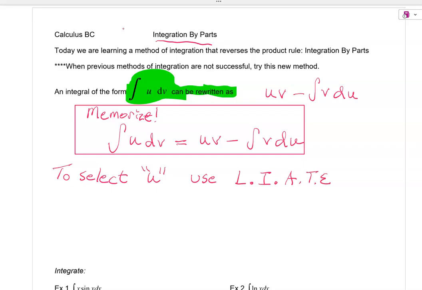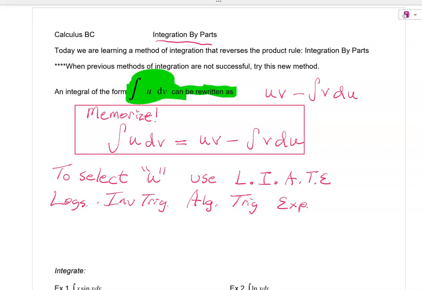The L stands for logarithms, or just logs. I is for inverse trig. A is for algebraic terms, something like x to a power. Even radical x can become x to the 1/2. T is trig. And finally, we could have exponential functions.